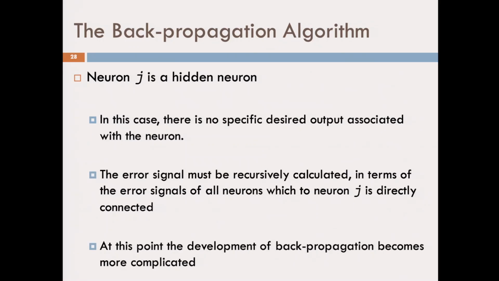But what if neuron J is a hidden neuron? Okay, so there is no specific desired output associated with this neuron. So what you have to do is recursively calculate the signal that goes back in the neural network in terms of the error signals of all the neurons that are connected to it.